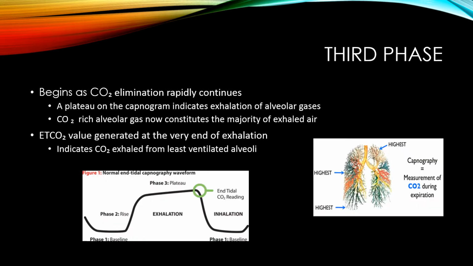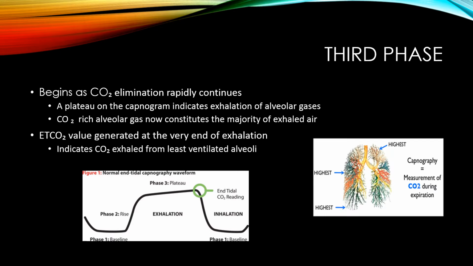The third phase begins as CO2 elimination rapidly continues. A plateau on the capnogram indicates the exhalation of alveolar gases. The end tidal CO2 is the value generated at the very end of that exhalation, indicating the amount of carbon dioxide exhaled from the least ventilated alveoli.